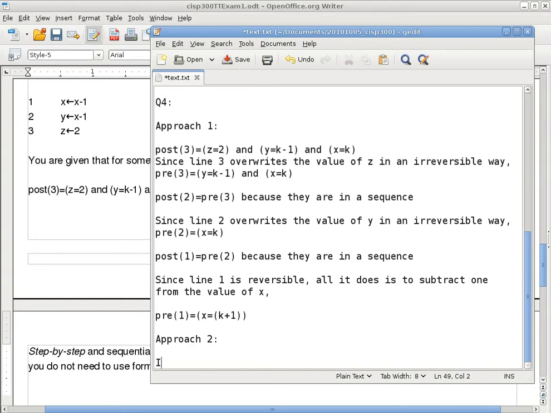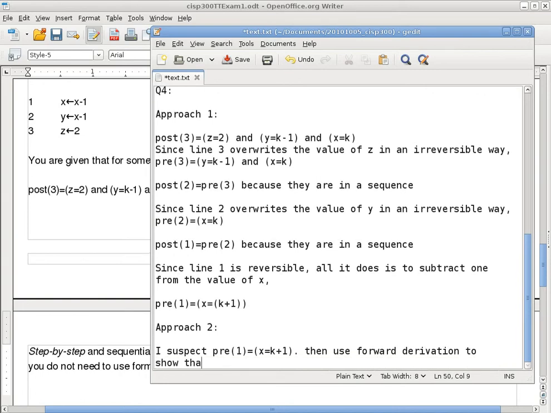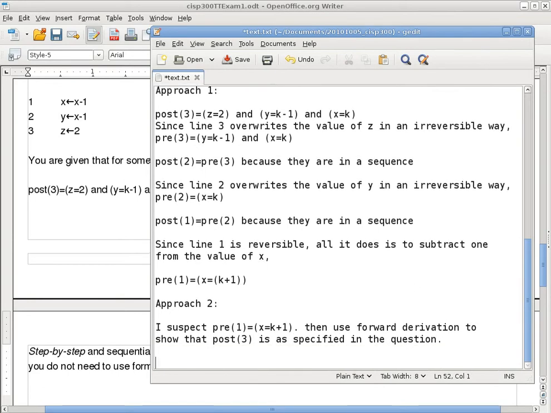In other words, in approach 2, you can say, I suspect that pre1 is simply saying that x equals k plus 1, and then use forward derivation to show that post 3 is as specified in the question. I'm not going to do it, but you have an idea of what I mean by that.